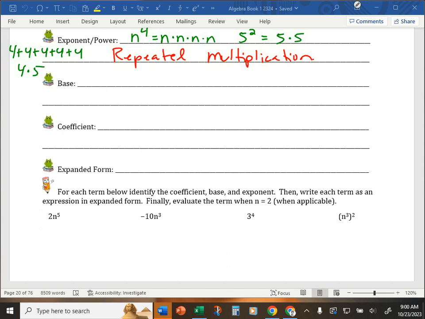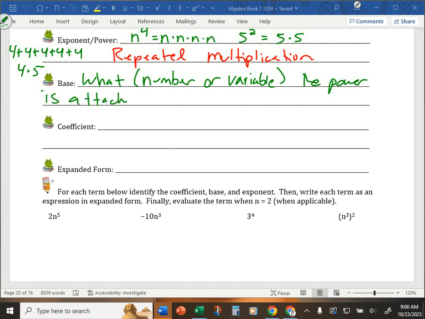The base of an exponent expression is what the power is attached to, and it can be a number or variable.